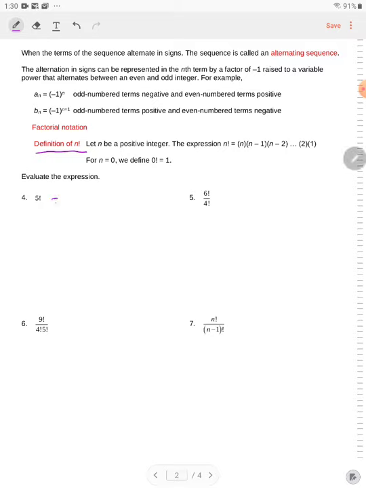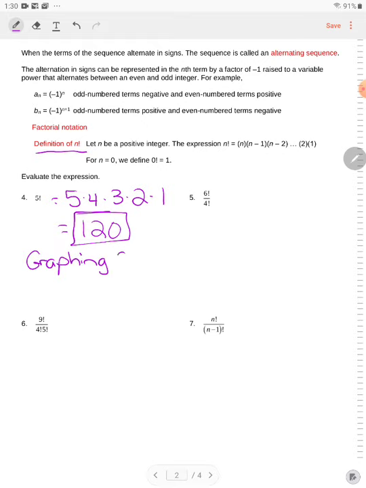So 5 factorial means 5 times 4 times 3 times 2 times 1. 20 times 6 is 120. Now on your graphing calculator, there's a factorial button. You can do the number 5, go to math, arrow over to PROB.